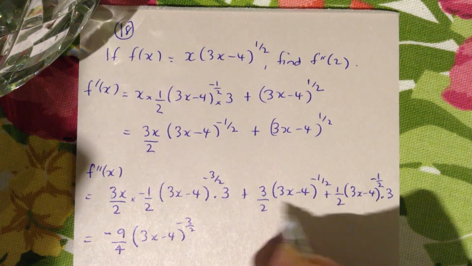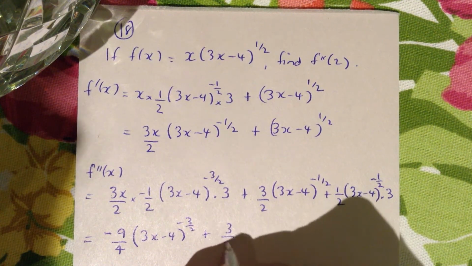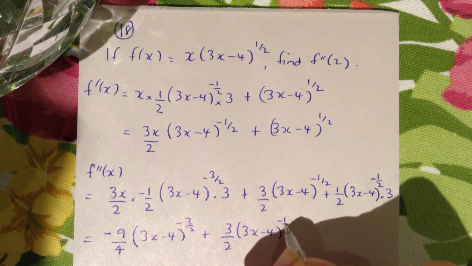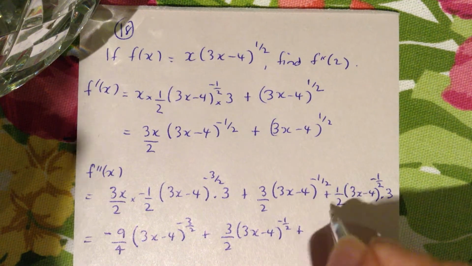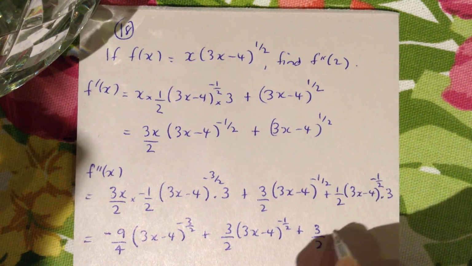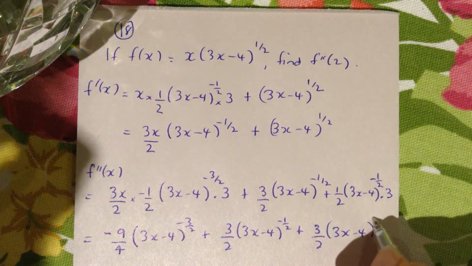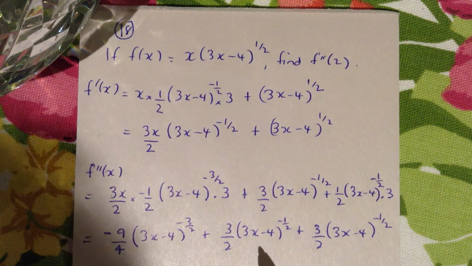And then when you clean up, this one stays as it is, so plus 3 on 2 times (3x minus 4) to the minus a half. And this becomes plus 3 on 2 times (3x minus 4) to the minus a half again. So we have two like terms.